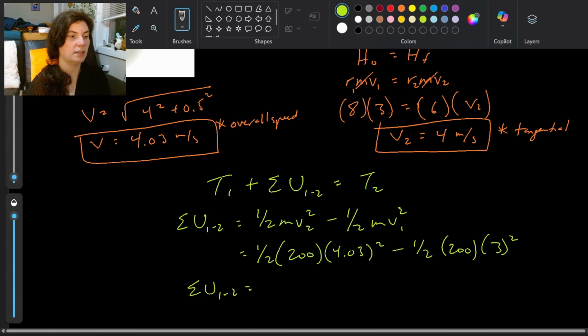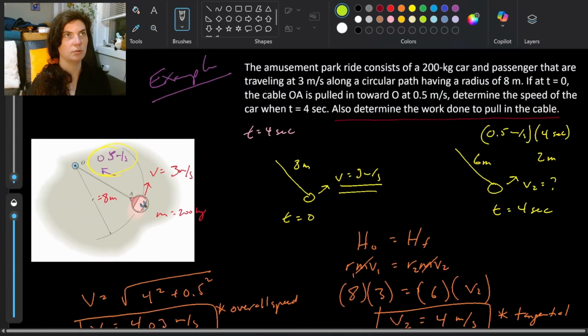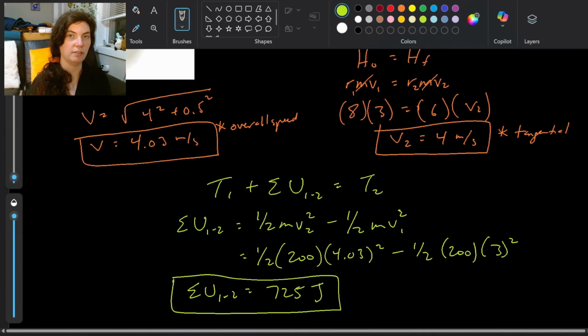So the work done to pull that cable in I have is about 725 joules. Joules being our unit of work or energy in our SI units. So the work done to pull that cable in those 4 seconds is 725 joules.